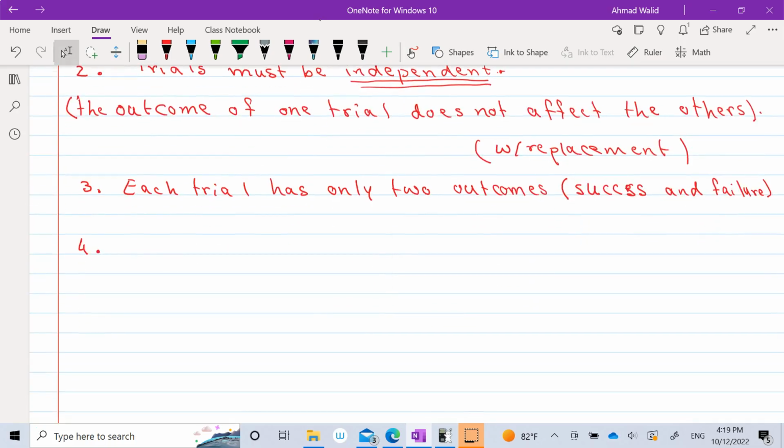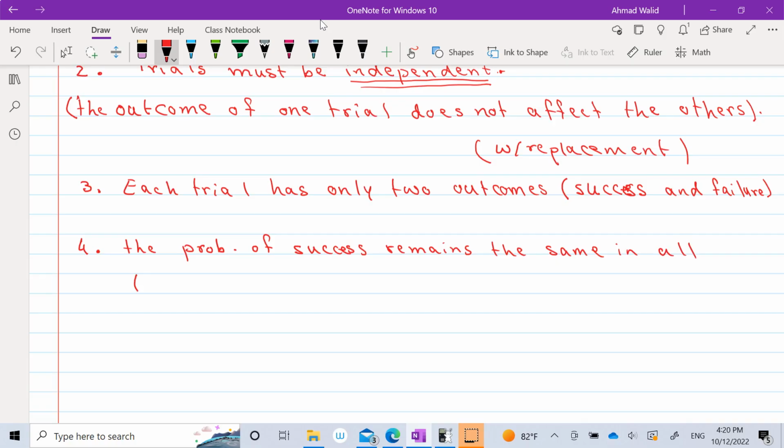Rule number 4. The probability of success remains the same at all times, or in all trials.